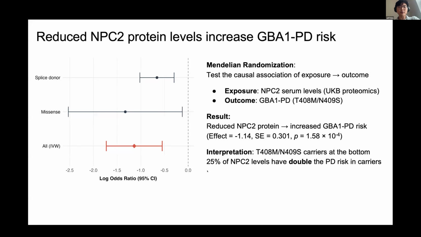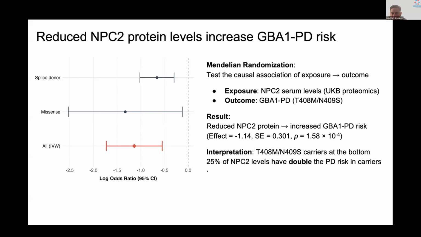In this case, our exposure was NPC2 levels in the blood, and our outcome was GBA-PD, specifically the carriers of the aforementioned variants. And again, we see the result where reduced NPC2 protein increases the risk for specifically GBA-PD.